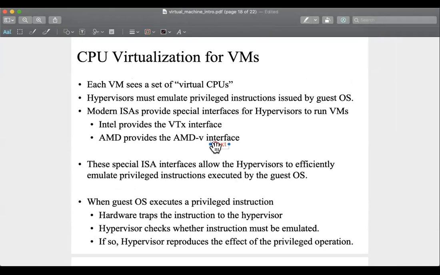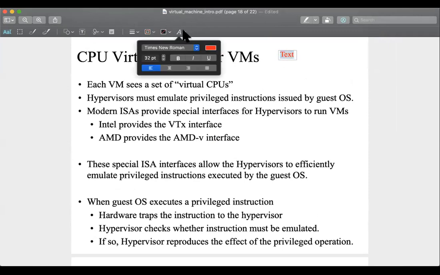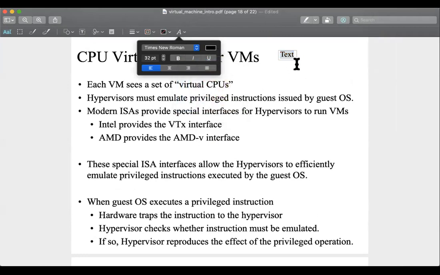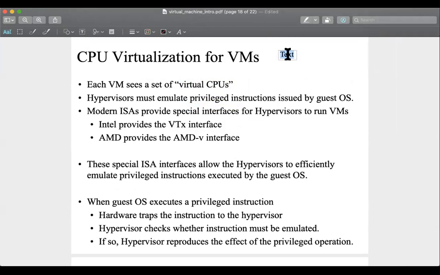I will try to write something here to explain what I'm saying. On a normal physical machine, the traditional execution privilege levels are 0, 1, 2, and 3, right?